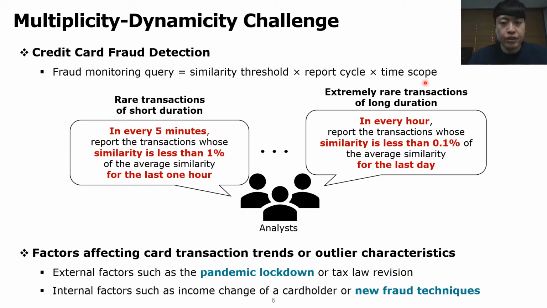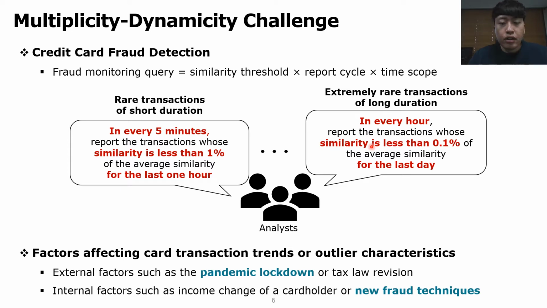Some analysts want to find rare transactions of short duration, such as in every 5 minutes, report the transactions whose similarity is less than 1% of the average similarity of other transactions, considering the last 1 hour.